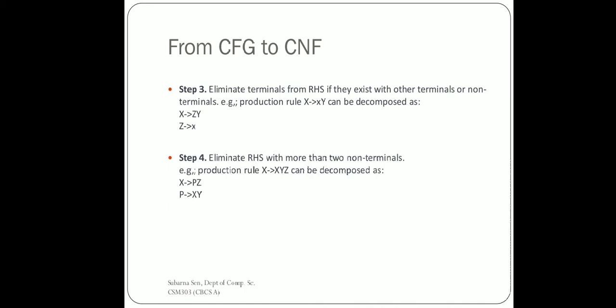So here x was at the place of z beforehand, and we have placed z at that place, and so it's very obvious that z can derive small x, otherwise the language generation will change. So that should not be the way out, right? So if you see that this x is deriving zy and z is deriving x, so it is following all the rules which a CNF should follow, right? So it is done. Fine.